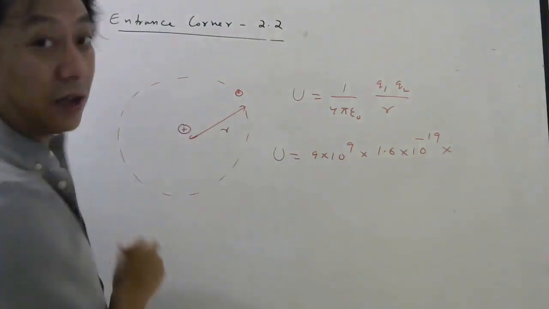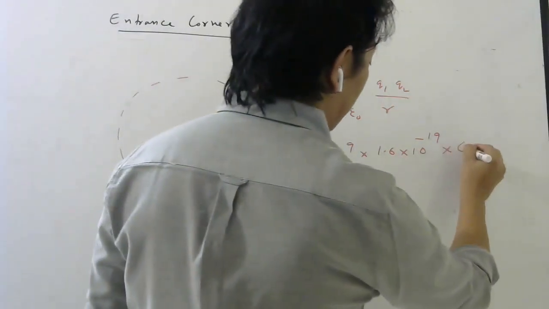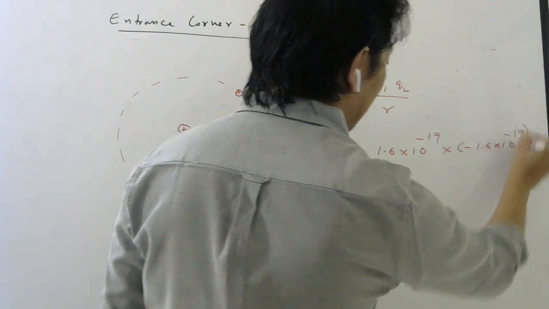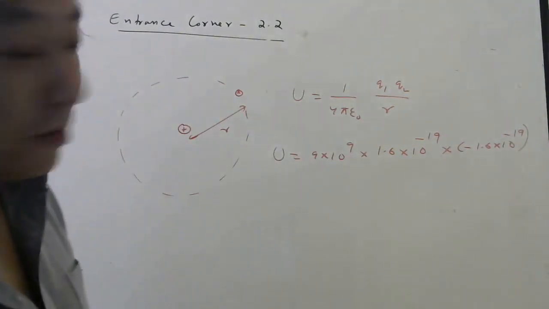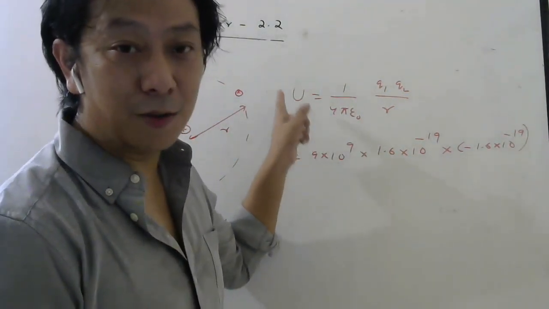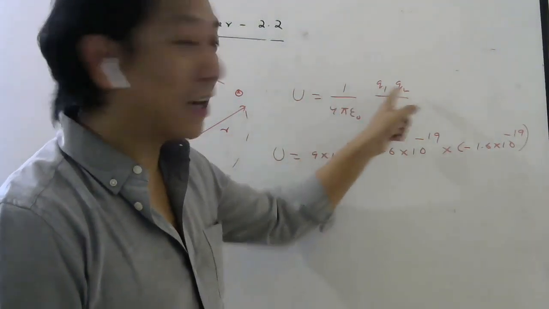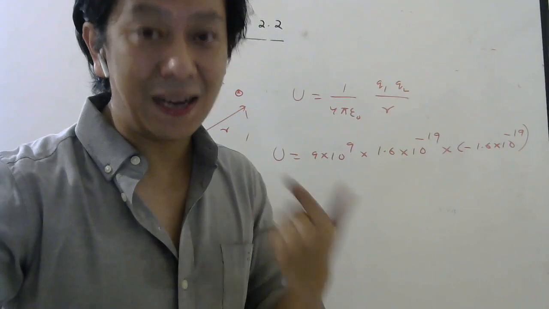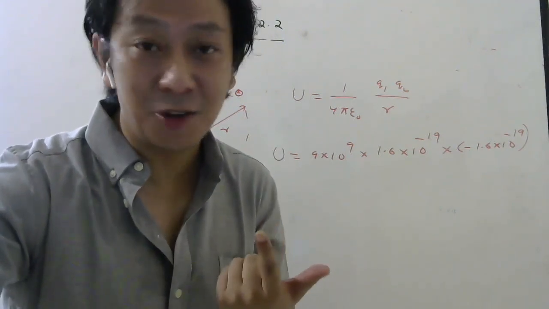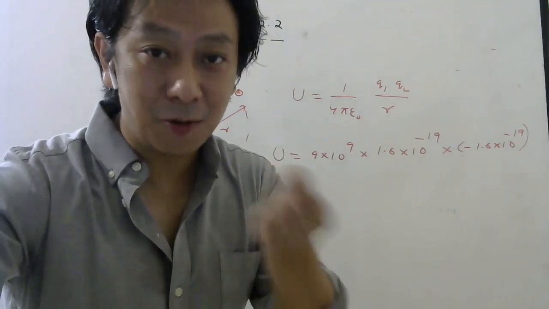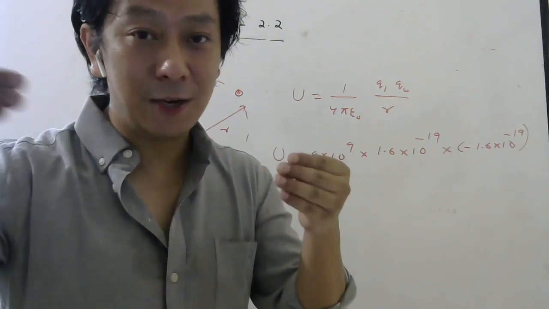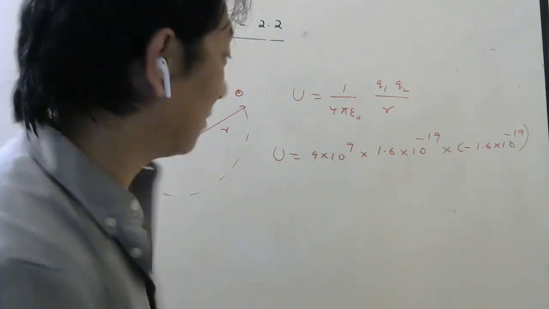The other charge is what? Electron. What is the charge of electron? Minus 1.6 into 10 power minus 19 coulomb. Again and again I am saying, when you calculate potential or potential energy, if charges are negative, you have to write the negative sign. When you write forces and electric field, that time the negative sign is not important because you are calculating just the magnitude. The negative sign will tell you the direction, whether it will be towards or away.